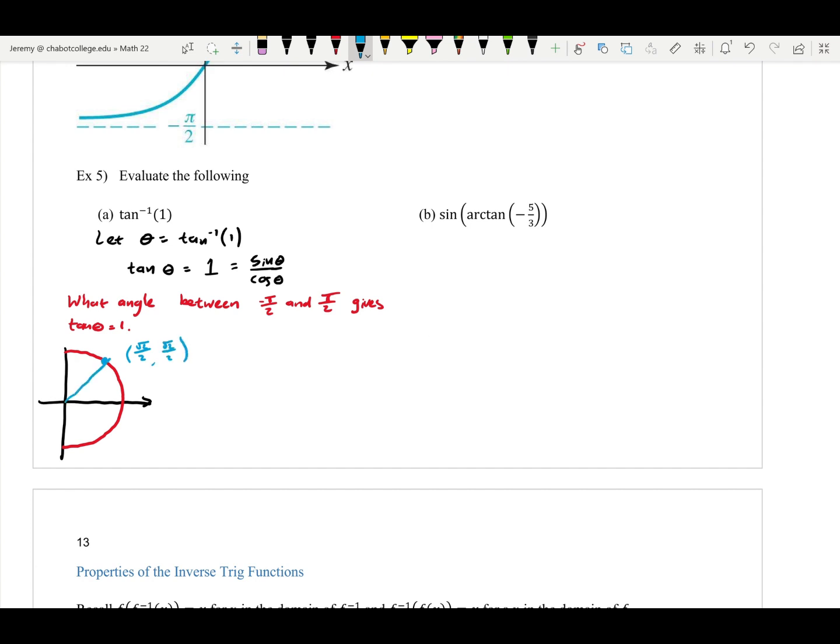And the angle that's associated with that terminal point is pi over 4. Okay, so I can say theta is equal to pi over 4. Okay, so then that means that tan inverse of 1 is going to be equal to pi over 4.